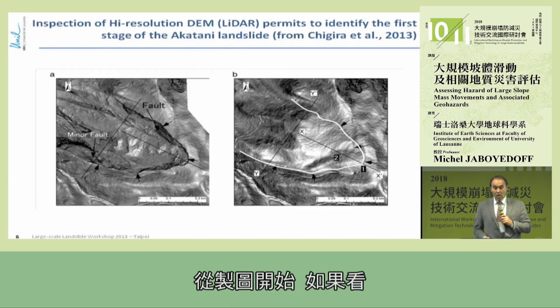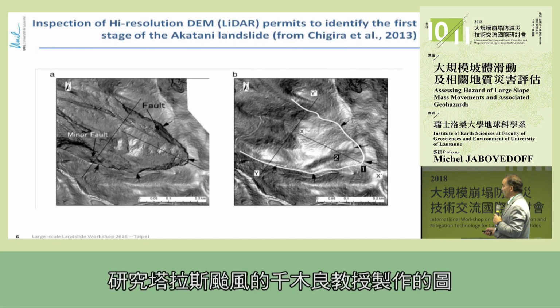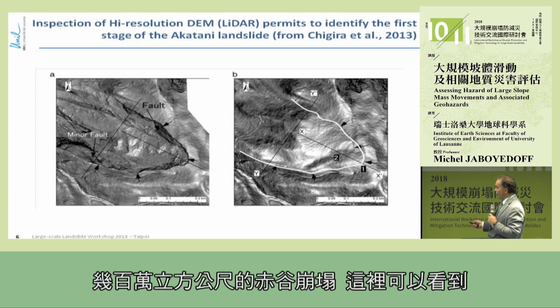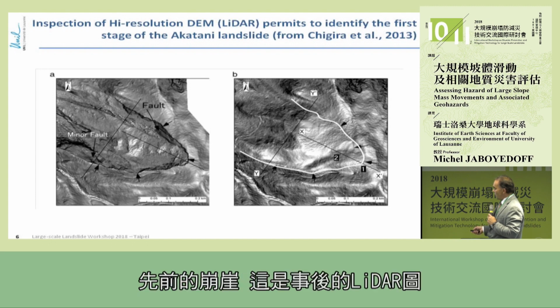Starting with mapping, look at this image from Professor Chigira, who worked on the Talas typhoon. Here you have the slope image of the Akatani landslide of several million cubic meters, and you can see that he was able to find the scar before, and this is the LiDAR image after.